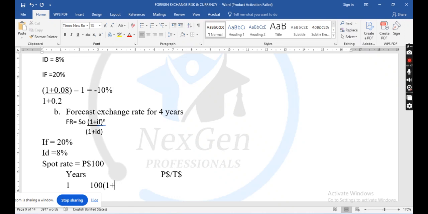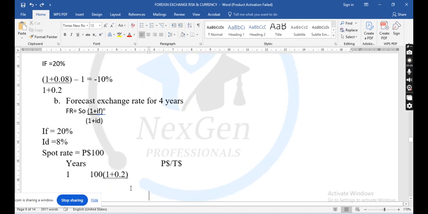The IF is 0.2, divided by, don't forget that this bracket is for both numerator and denominator, please. I think I have to correct that probably when I want to send the material.